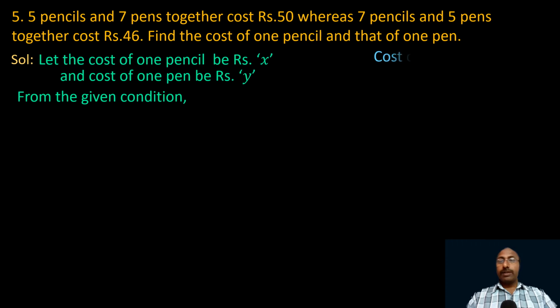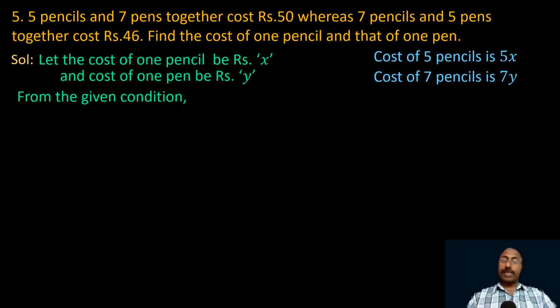So cost of 5 pencils is 5x, and cost of 7 pens is 7 into y, that is 7y, and cost of 5 pencils and 7 pens together is 5x plus 7y. It is given that 50 rupees. So 5x plus 7y equal to 50. This is equation 1.